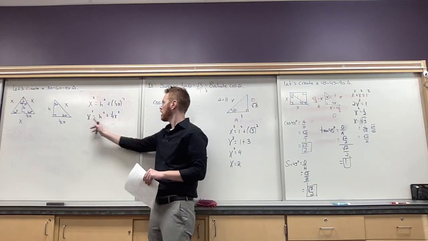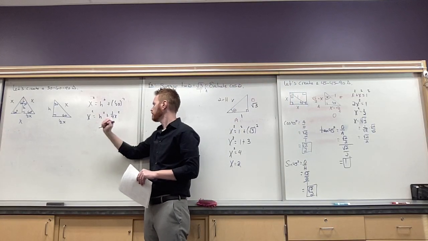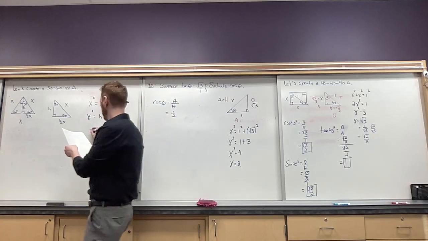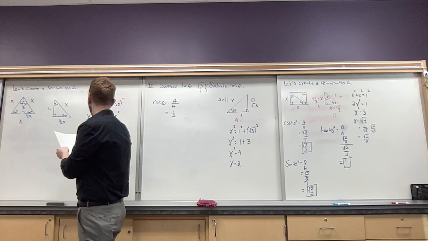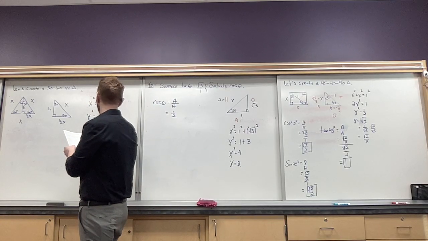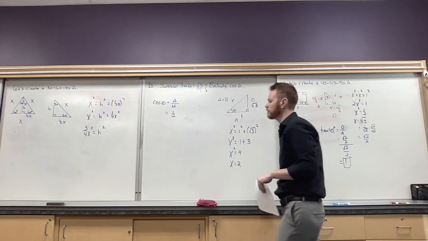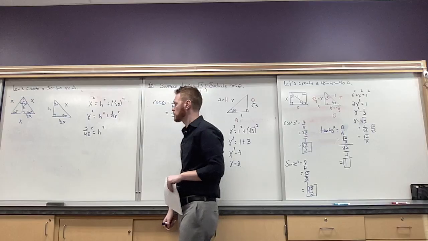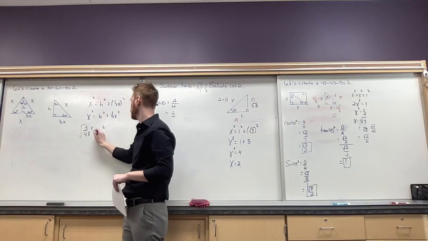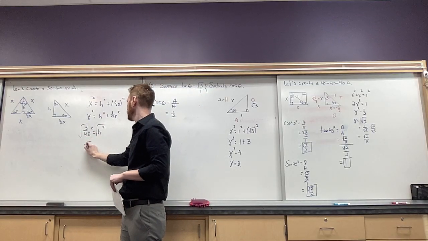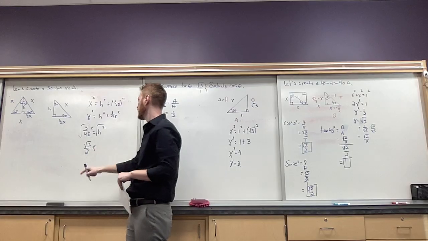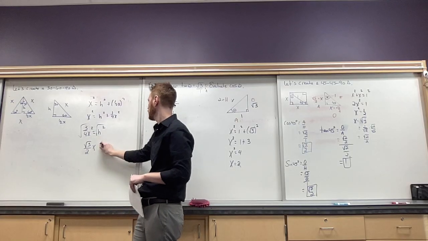Now, because these are both common terms, I can subtract this over to the other side. So this would be 1 minus a fourth. Okay, so we're going to get 3/4 x squared equals h squared. And then we'll just take the square root of both sides to finish. So we'll have square root of 3 over 2, and this will just be an x now, because x squared is being square rooted, equals h.